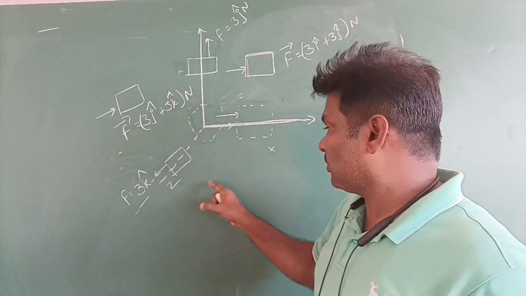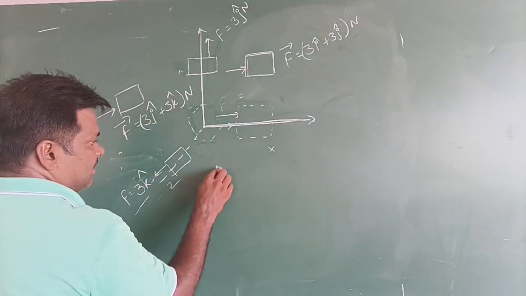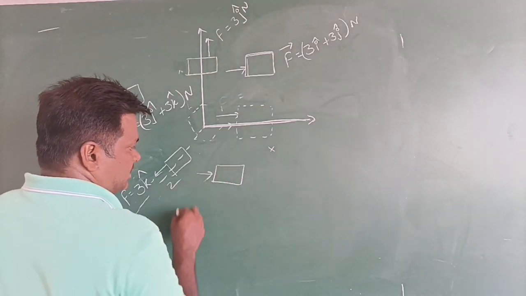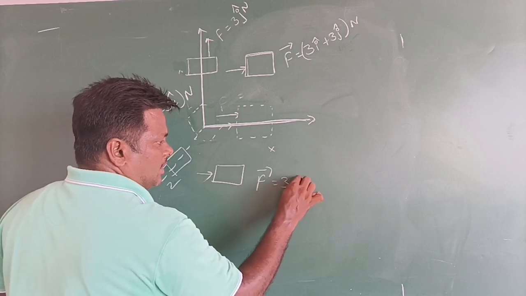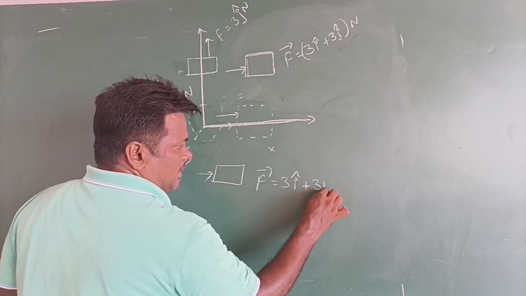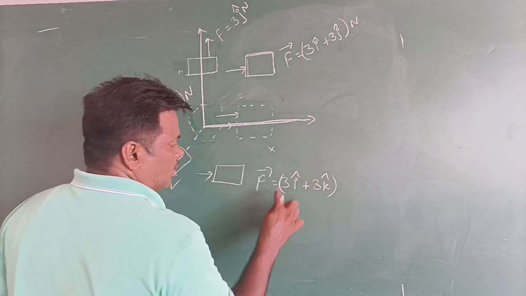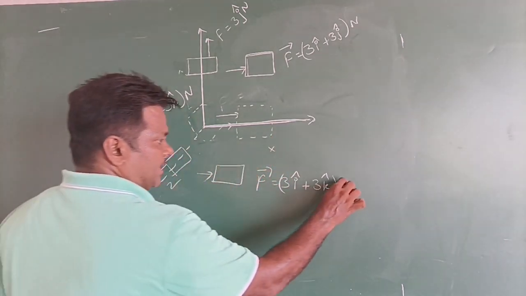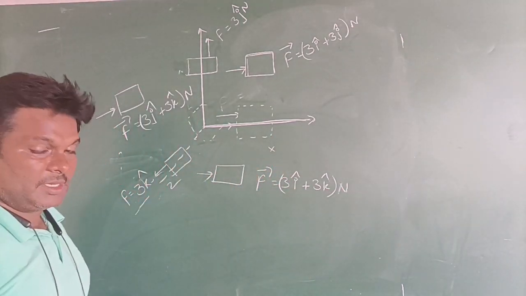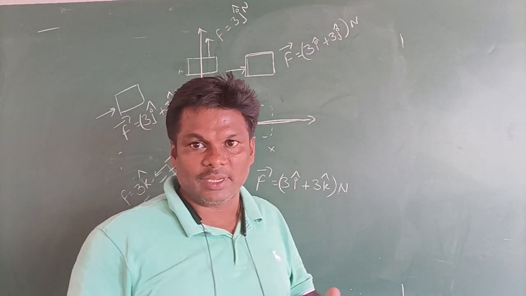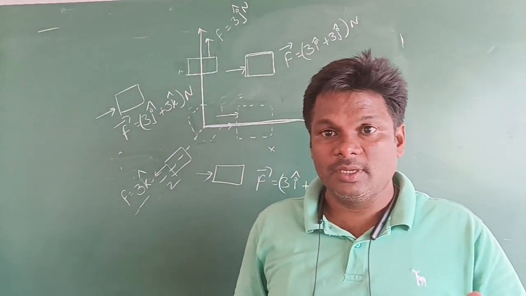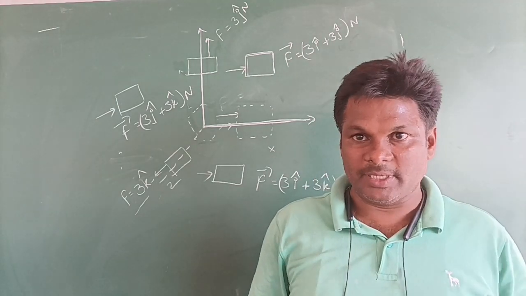Suppose the block is here, independent of the y-axis, and the force is acting on this. F bar is equal to 3i plus 3k cap, because it is the xz plane. This is how we need to mention the forces acting on an object in the respective plane.